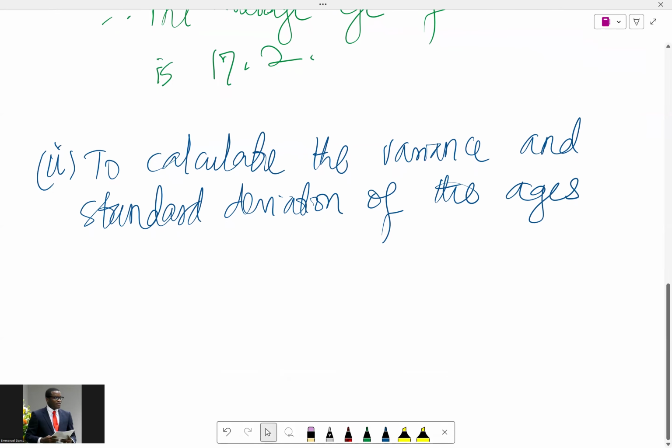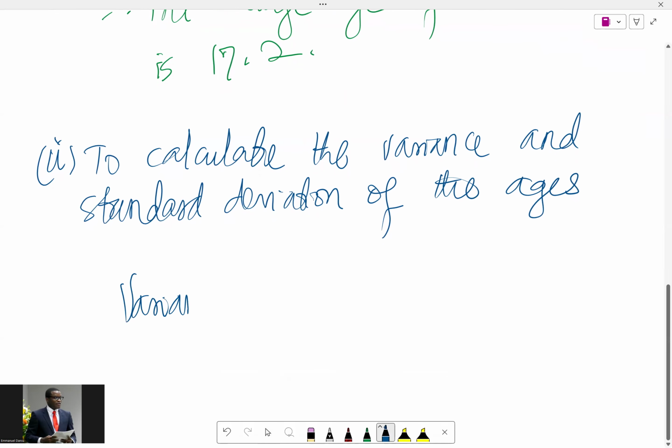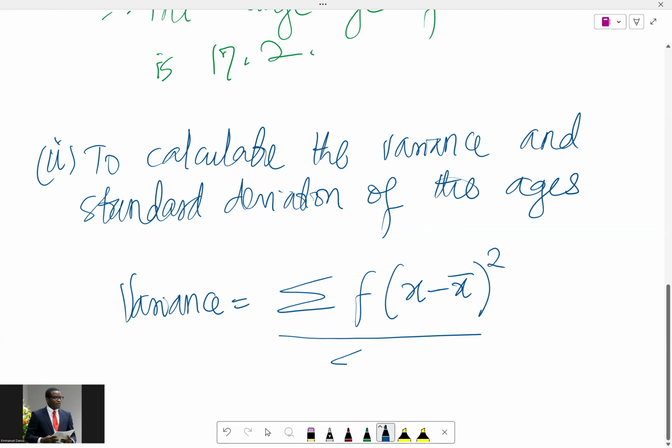Okay, so we need the formula for variance, right? So variance, if I still remember very well, is summation of, let me be sure of that, I think it's summation of f, the frequency, multiplied by x minus x bar, all squared, then all of that divided by summation of f again.